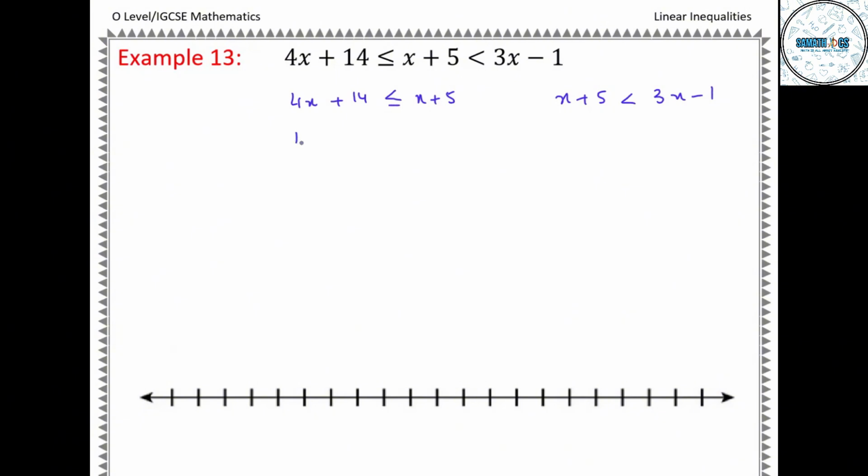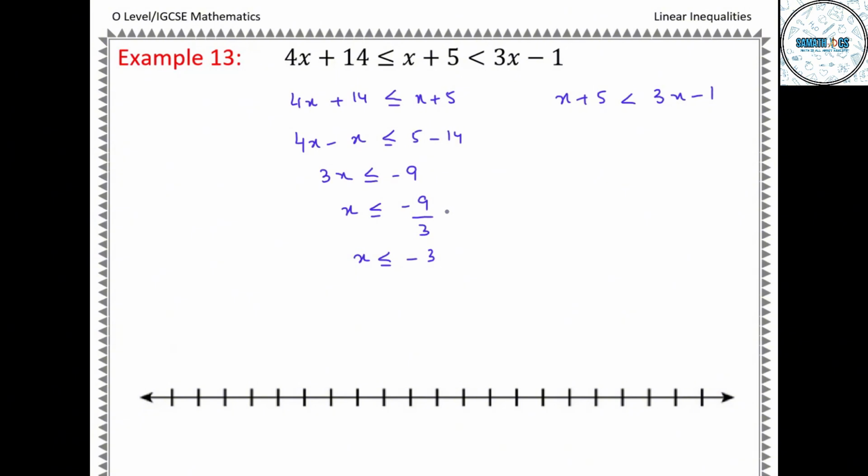So it will be 4x minus x is less than or equal to 5 minus 14. So 3x is less than or equal to minus 9 and x is less than or equal to minus 9 divided by 3. So x is less than or equal to minus 3.